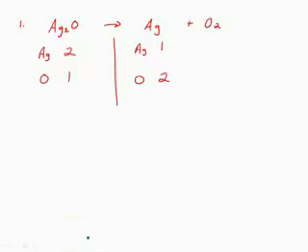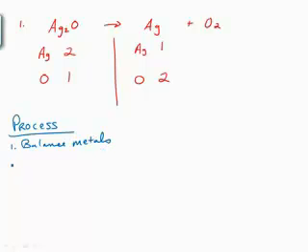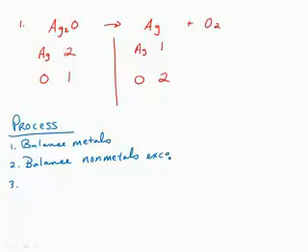Okay, so typically a good process to follow, or the order in which to balance that will help you out, is first balance the metals. Second, balance your nonmetals, except for oxygen and hydrogen.